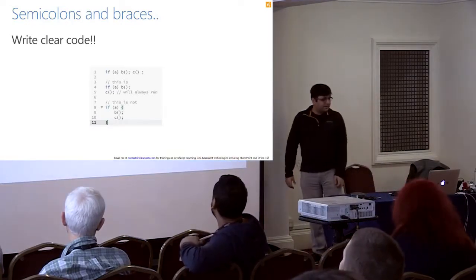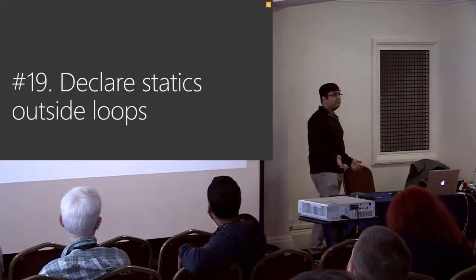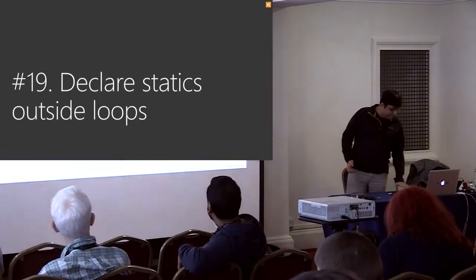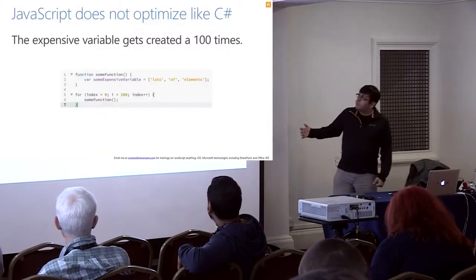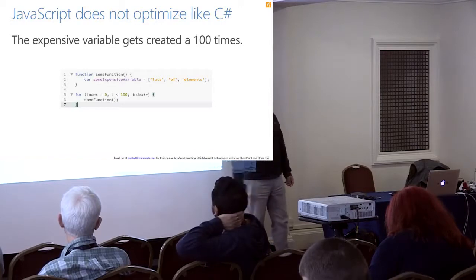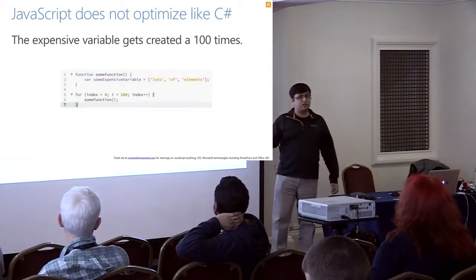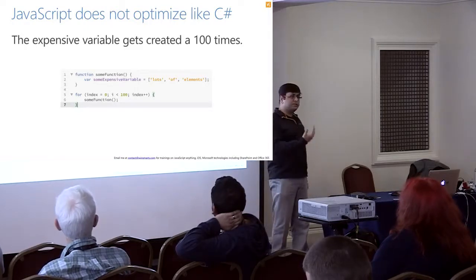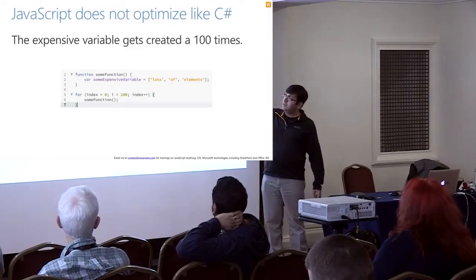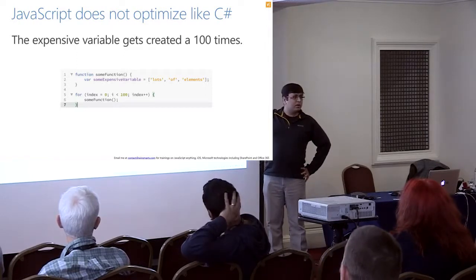Number 19, declare statics outside loops. Now this is an example of a static which is not going to change. If it was any other compiler that takes a long time to compile, like C#, Java, etc., those compilers are smart enough that they look at this variable and they say, you know what, this is really not going to change no matter how many times you call it.